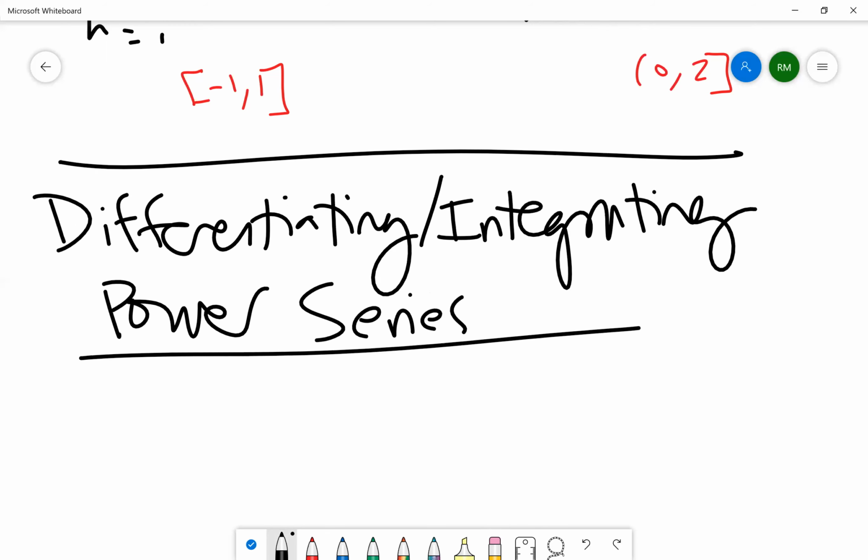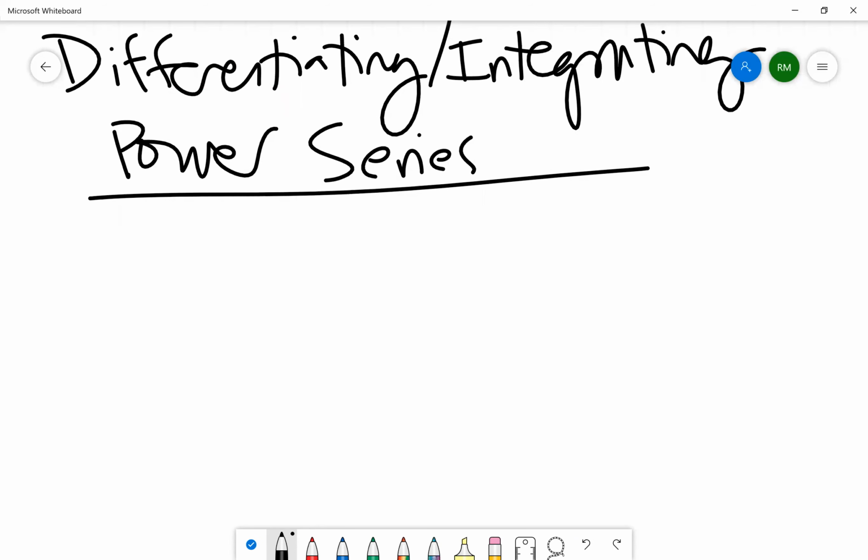Part of the reason we like power series so much is they're incredibly easy to differentiate and integrate. You just integrate and differentiate each term. So that's a theorem.